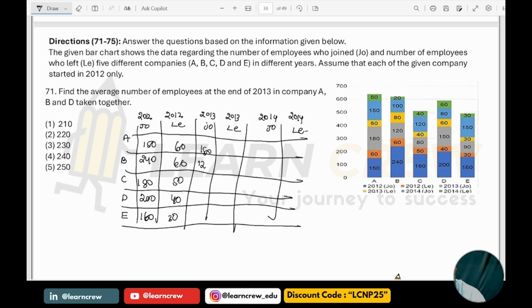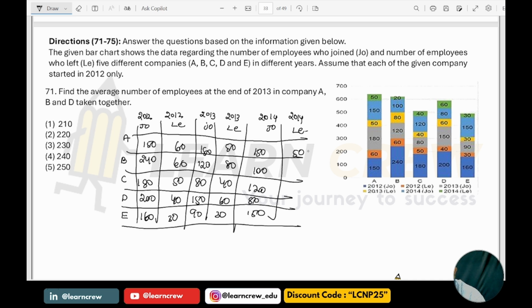Already everything is there in the chart, so I need not write it again, but see here: 150 and this is 90. This is 50, this is 80, this is 40, this is 60, this is 30. And for 2014 JO: 150, 100, 120, 80 and 150.